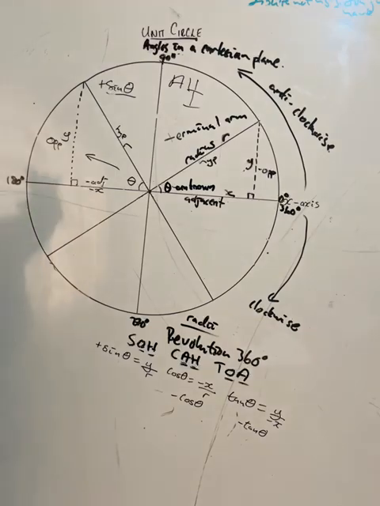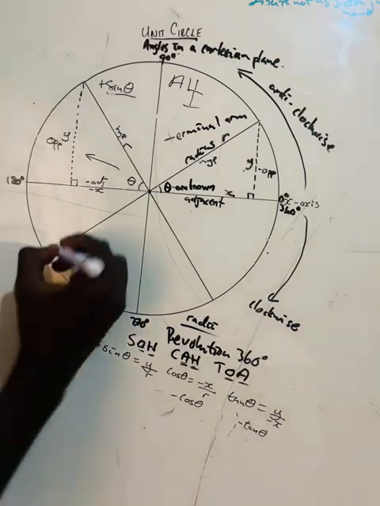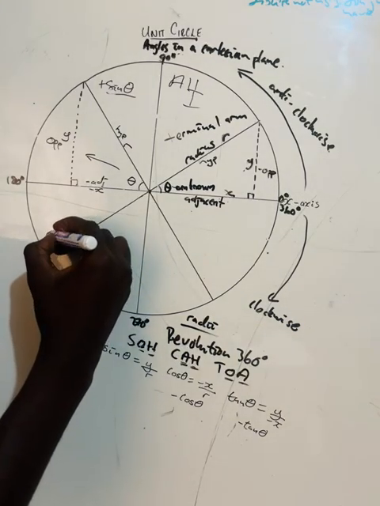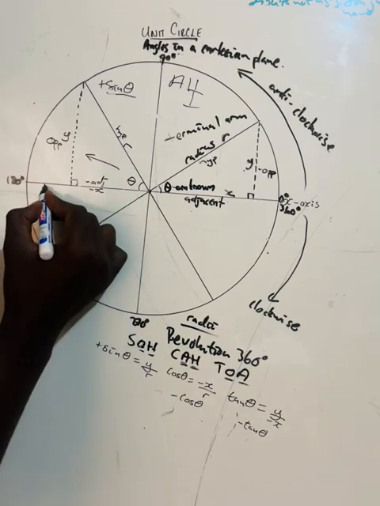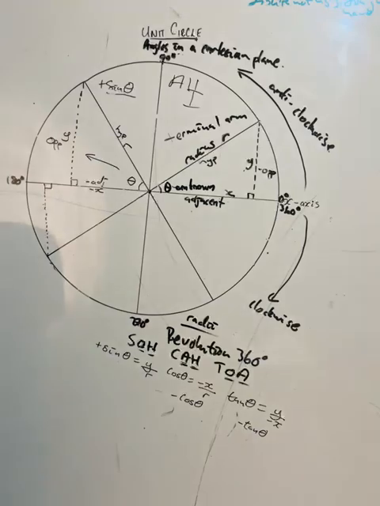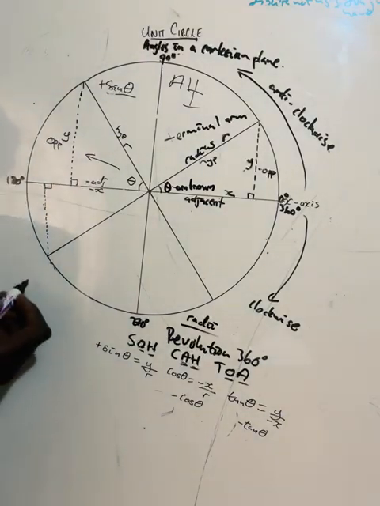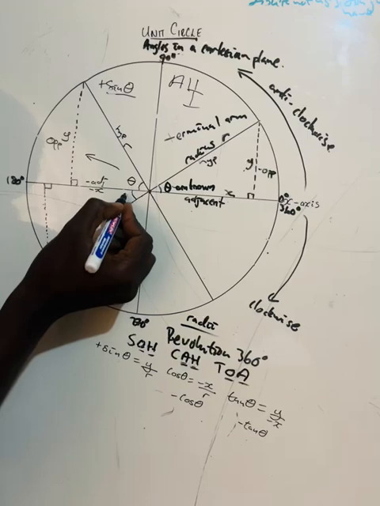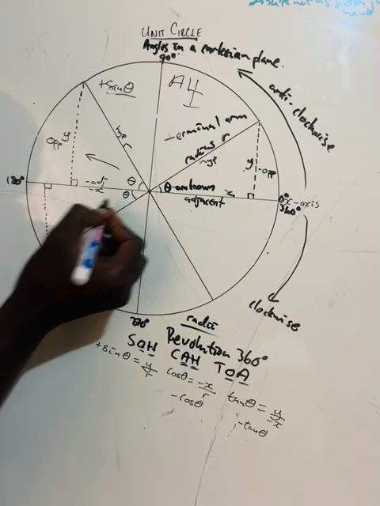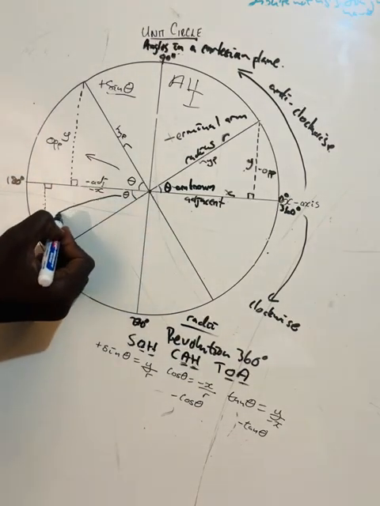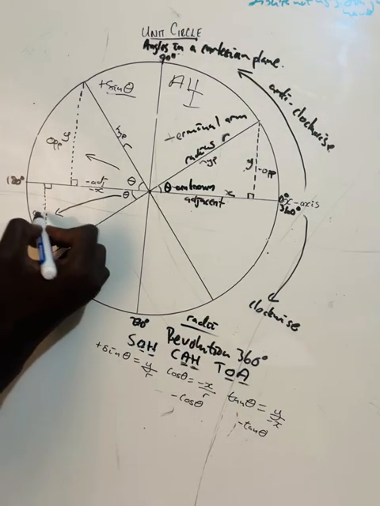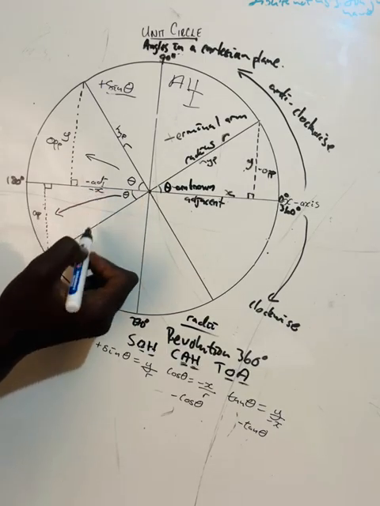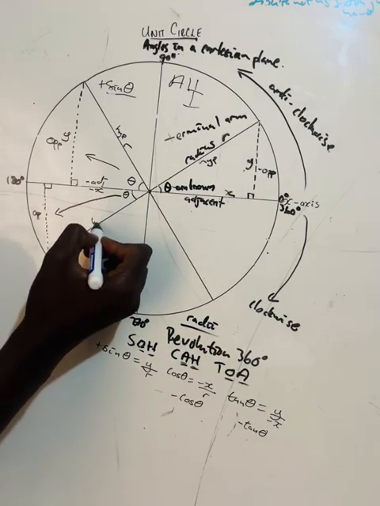We are still investigating which trig ratios are positive and which are negative. So first and foremost, we construct a right angle triangle because our trig ratios do not work where there is no 90 degrees. So now we've got our triangle, and here this is where theta is. From this angle, if you go across, this is your opposite. The adjacent is still here, and this is the radius, our hypotenuse.